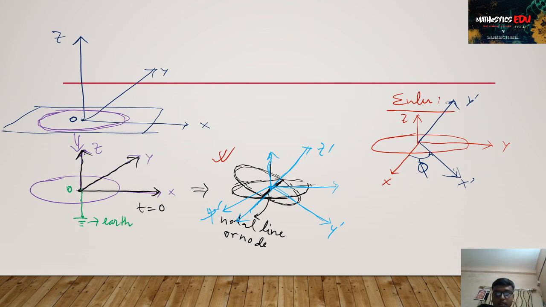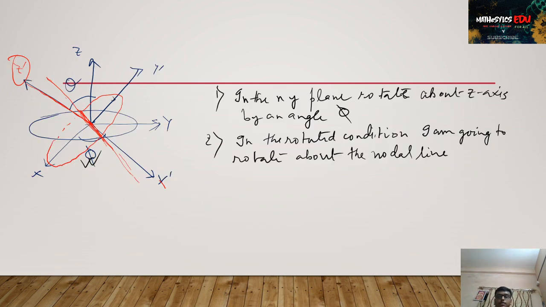Suppose in this figure, this was the nodal line. Why? Because this was our final plane, this was our initial plane. So the line of intersection of the final and the initial plane is the nodal line. I am not writing it explicitly again. Now this was an amount theta.